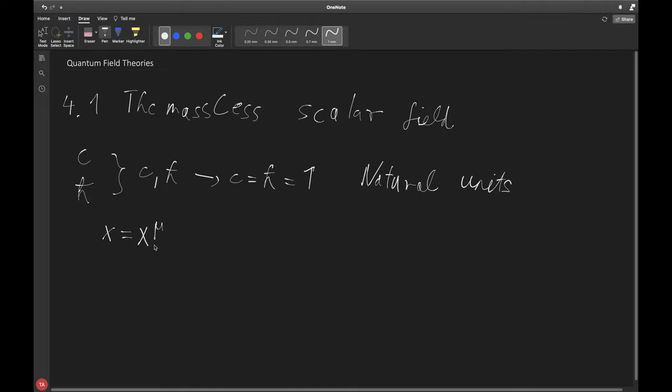So what used to be x mu, I'm going to call that x. And then if I refer to the spatial part, the spatial part is going to be the x vector, like this. And if I really want to be discussing time, that could be the x0, or maybe I will write it with t.